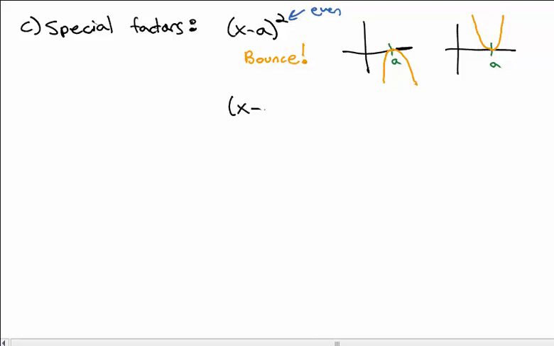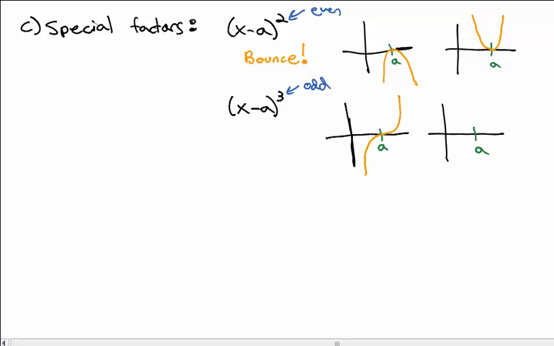Another one similar to that, if I have (x - a) cubed, or really this works for any odd exponent, depending on which direction we're coming in from. Again, a is the 0. If we're coming in from the bottom, the cubed is actually going to make it level out and flatten.